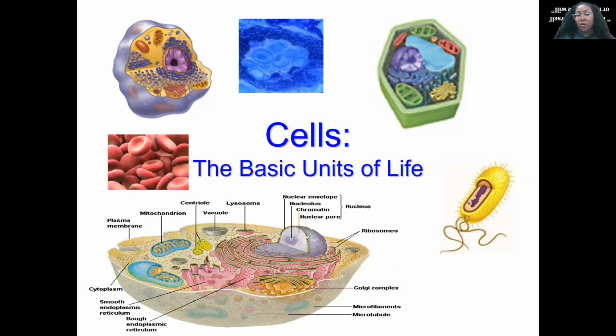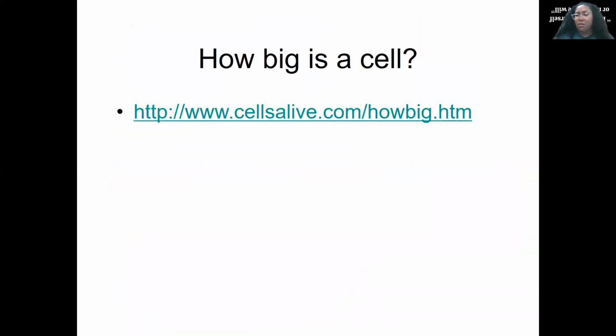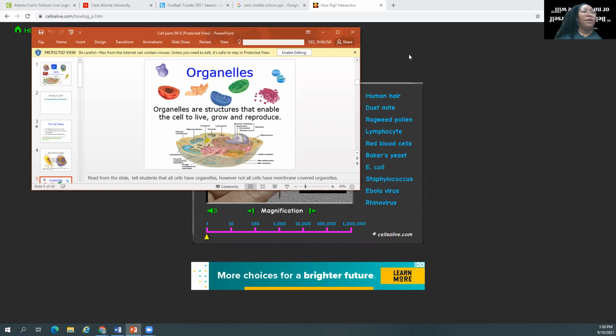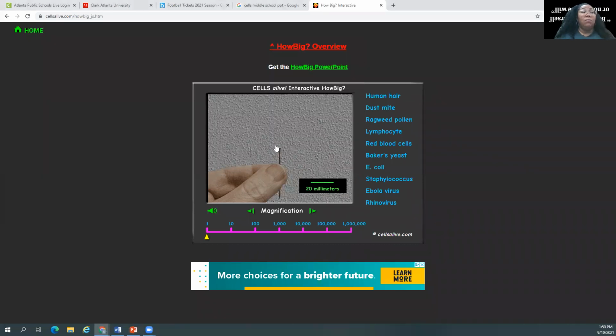So when we ask the question, well, how big is a cell? I want us to look at this little simulation right here, and it is a needle head. The guy's holding a needle head. You have the needle and the head. We have all of these different items here, which are all living things: human hair, dust mite, ragweed pollen, lymphocyte, red blood cells, Baker's yeast, E. coli, staphylococcus, Ebola virus, and also the rhinovirus.